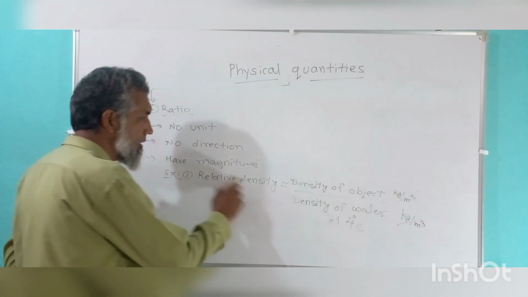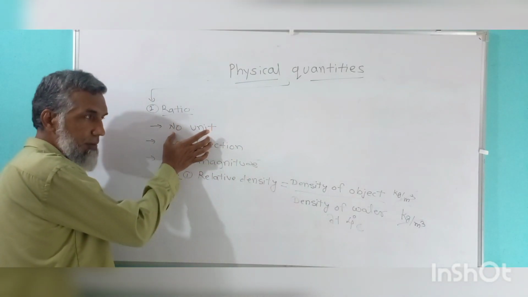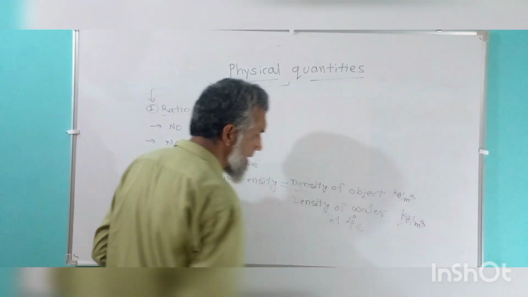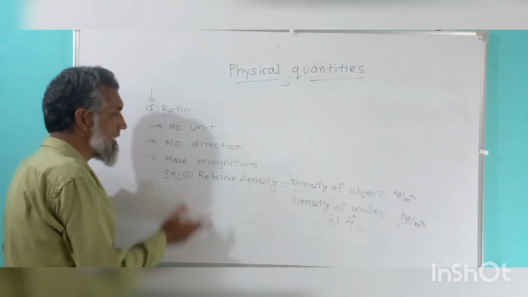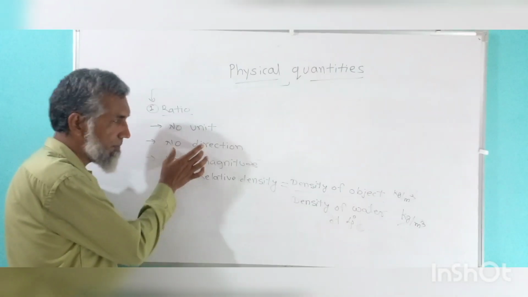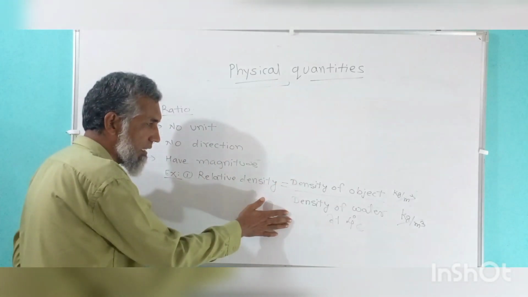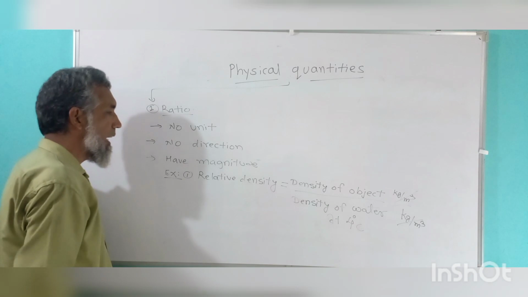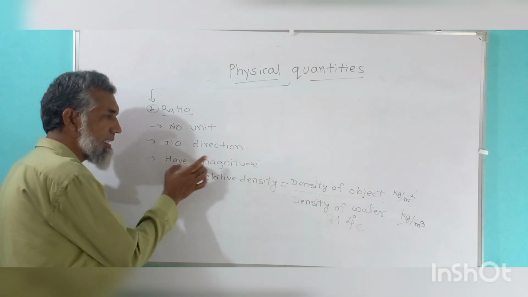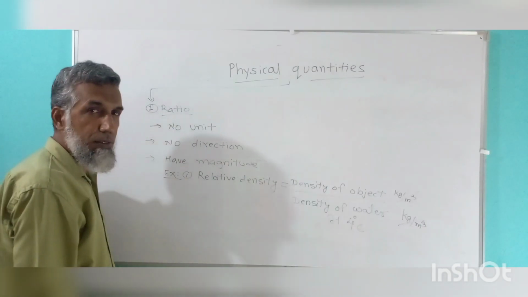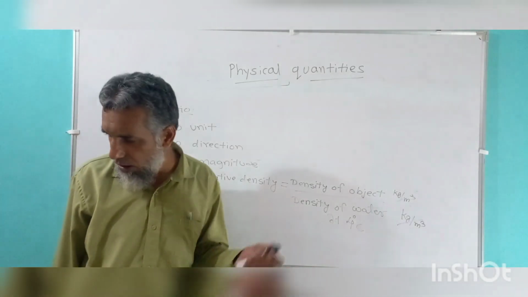So the relative density will not have unit because their units got cancelled. Being a density, they don't have the direction, but they will have some value. You will get some value here, value of the ratio, and that means it has the magnitude. Such quantities are called as ratio.